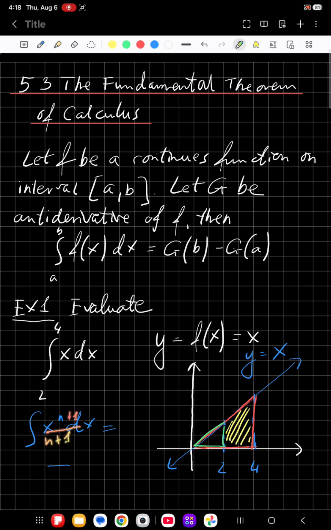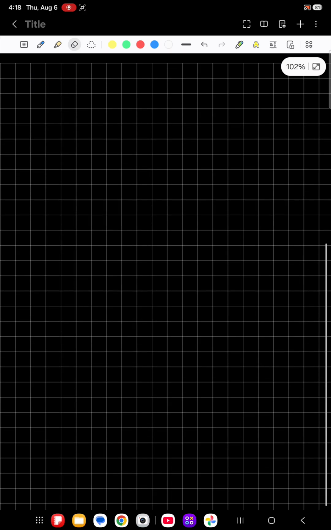Okay, so let me write that formula here. So it's x to the n plus 1 over n plus 1. I hope you've done enough problems that you remember how to do this. And then we had that plus c. But in our case, when we're calculating the definite integral, we won't be having that plus c.